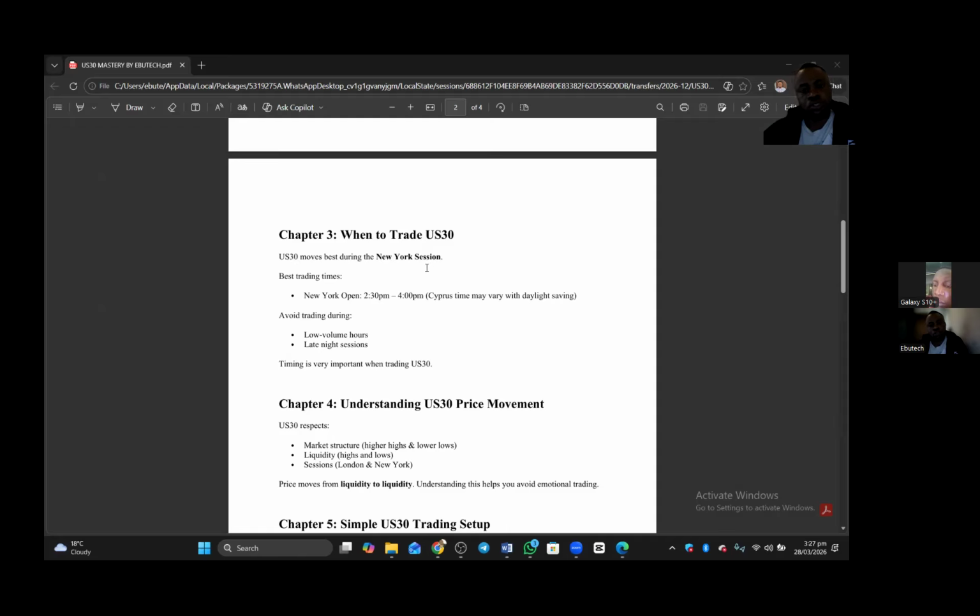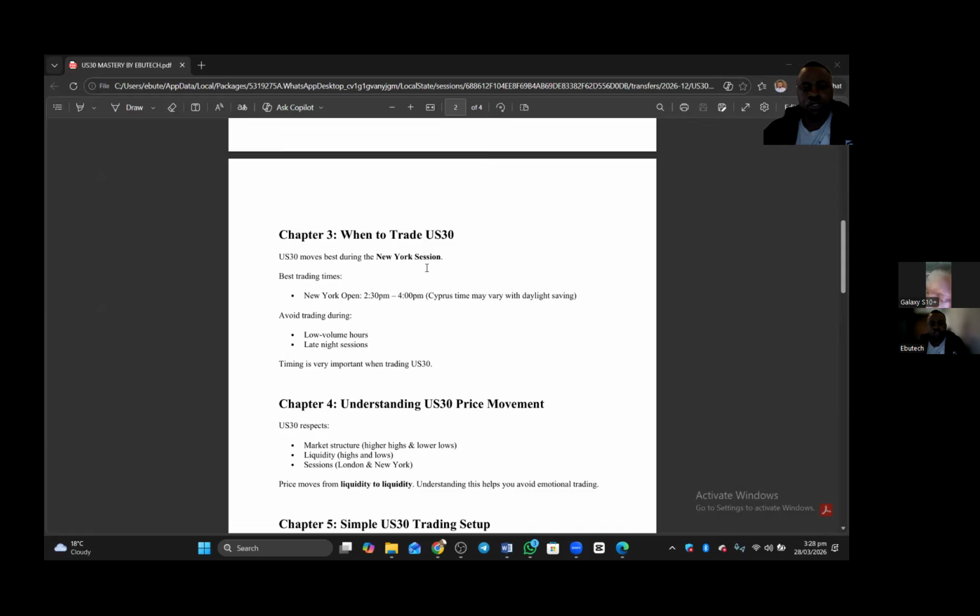And what time in the New York session? Once the market opens at 9:30 in New York, in our own time it is 4:30. So you check your own. In Nigeria, I think when the New York session opens, Nigeria is 3 o'clock or 3:30. So you take note of this. That is when to trade US30.